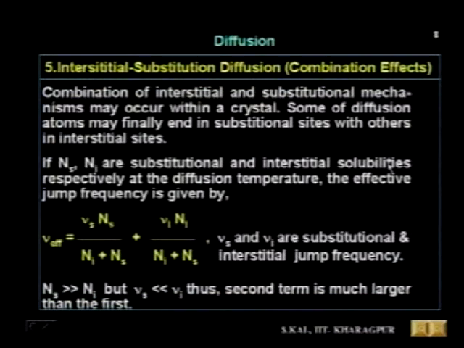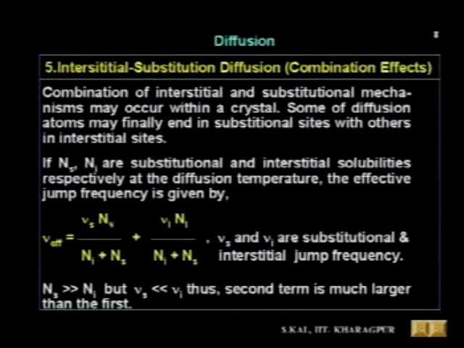What is the solubility? Solubility means at a particular temperature, the maximum number of atoms which can be accommodated in the crystal lattice, that is known as the solid solubility. In a solid material, here single crystal silicon, at a particular temperature, a definite number of dopant atoms can be accommodated there. Okay.